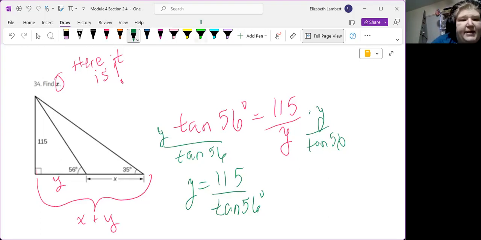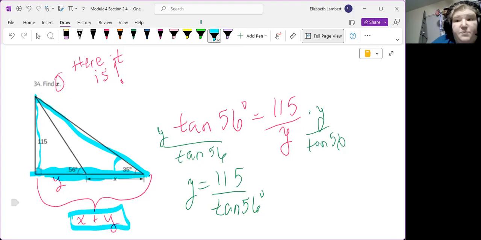Now let me use my highlighter. So just focus on the big triangle now and the 35 degrees. It's still 115 that is the opposite, but this whole side is x plus y. So that's what we're going to use as the adjacent side, but we know what y is, so it's just going to be some interesting number crunching.